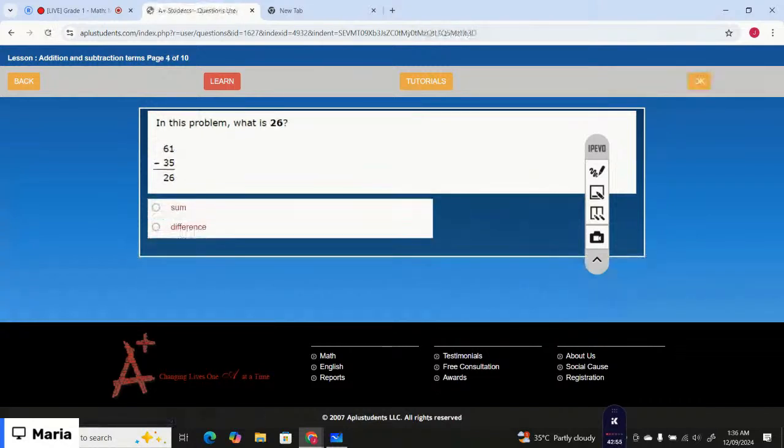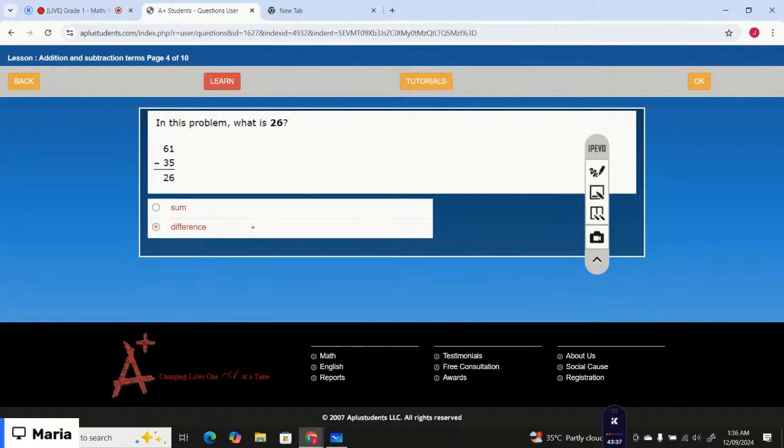In this problem, what is 26? So which is the correct option? 26 is the difference of the two numbers. They are 61 and 35.